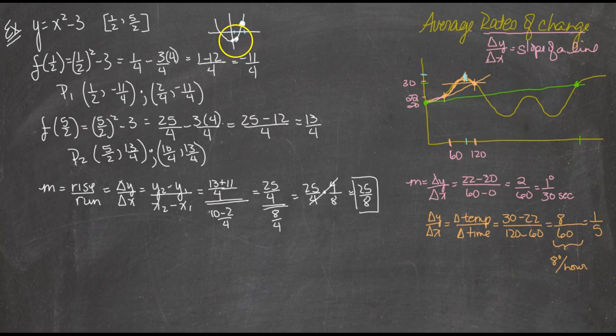So the rise of this function divided by the run of that function, the average change between these 2 points. Notice that the parabola isn't a line, so the parabola itself doesn't change in that slope, but at those 2 points, I can say the average change of whatever happened between those 2 points is 25/8.